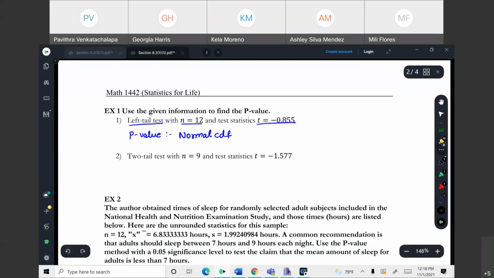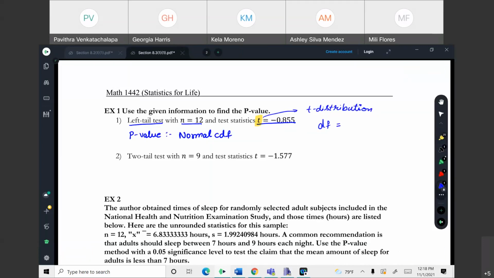Second, this is a t value, right? So t in the sense it is t distribution. You use normal CDF, but you also calculate DF. DF means degree of freedom, that is n minus 1. So whenever you have a t distribution, you calculate degree of freedom.